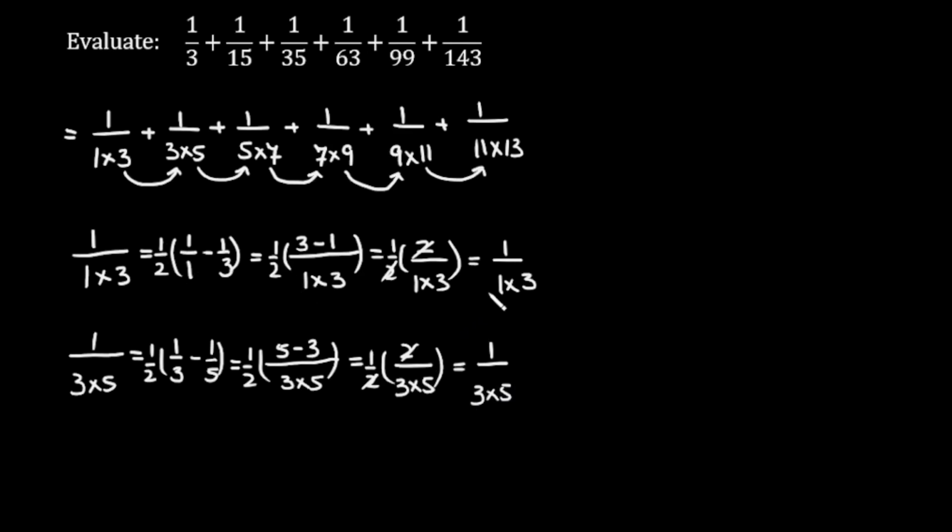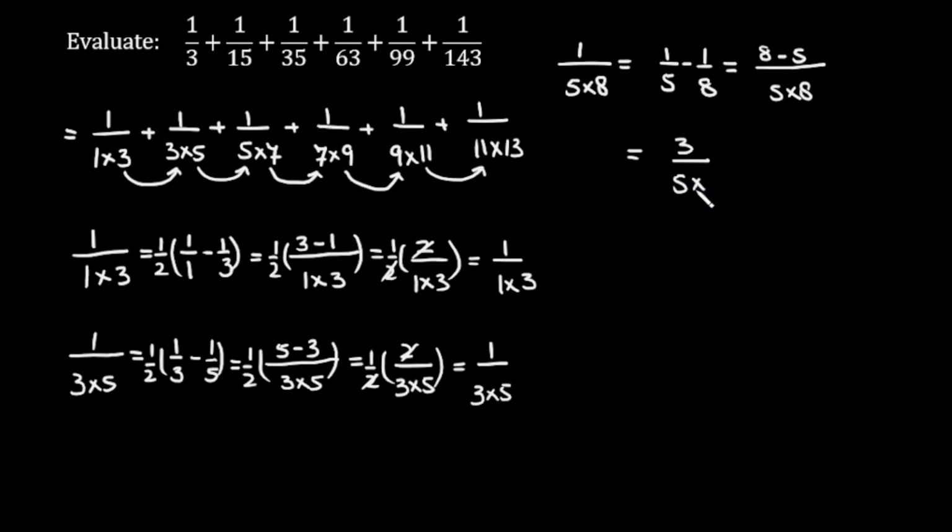So suppose I am taking another example. Our pattern is 1 over 5 times 8. Not in this case, this is the example. So this can be written as 1 over 5 minus 1 over 8. This is equal to, 5 times 8 is the LCM, this is 8 minus 5. So this is equal to 3 over 5 times 8.